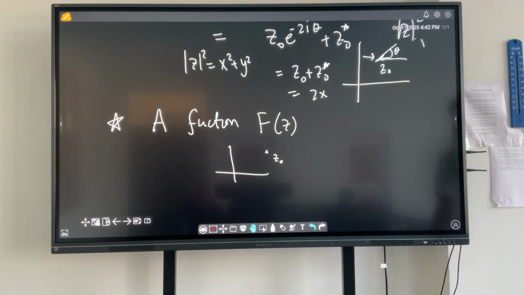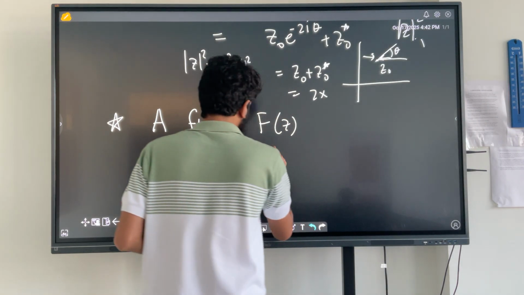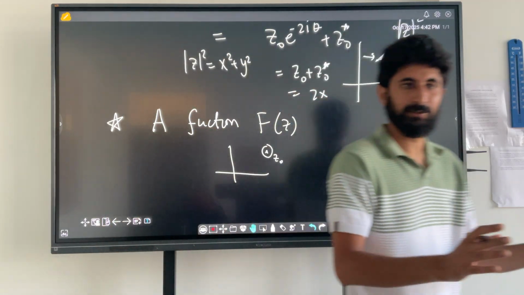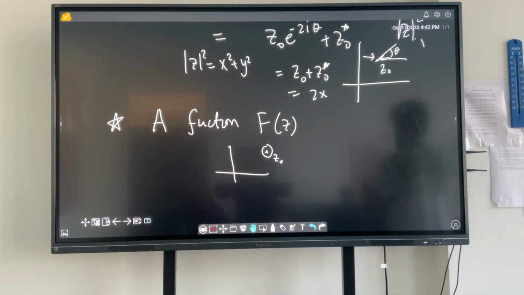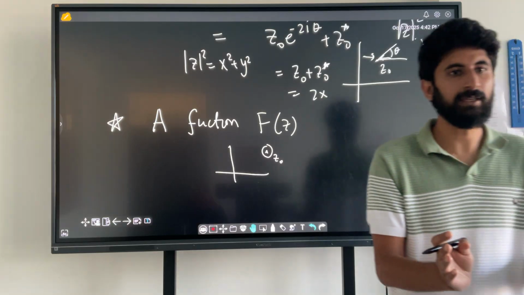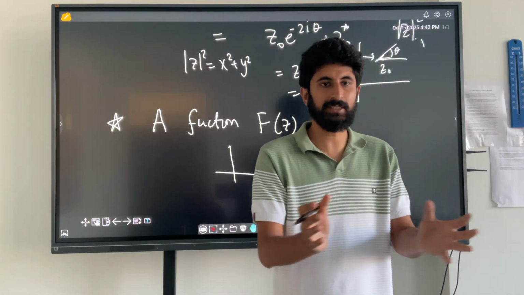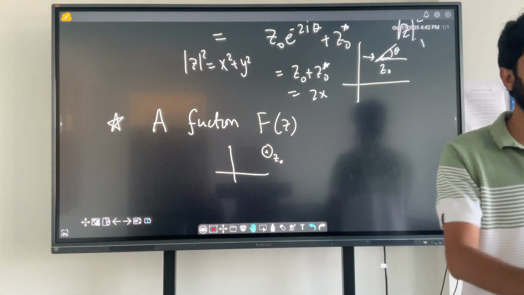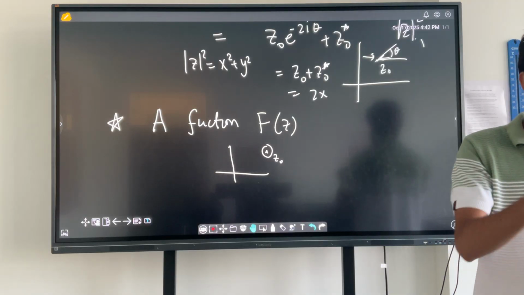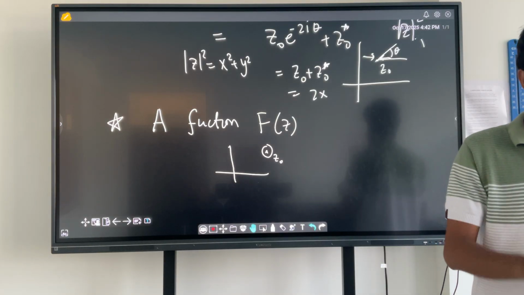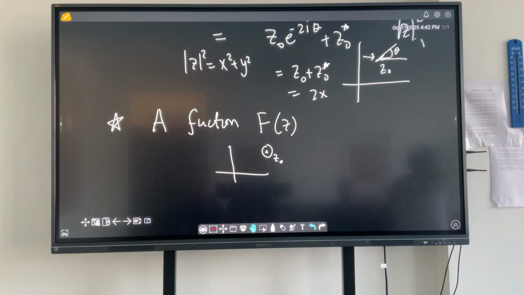No matter how small, just find some small region around this z0 where it is complex differentiable, but it should include z0. It should be complex differentiable at z0 also.